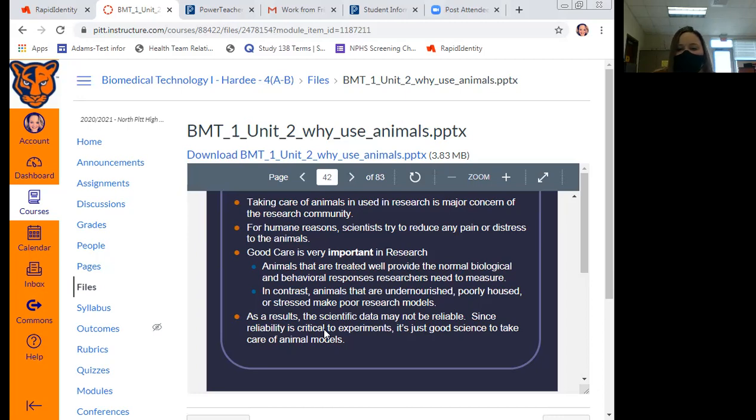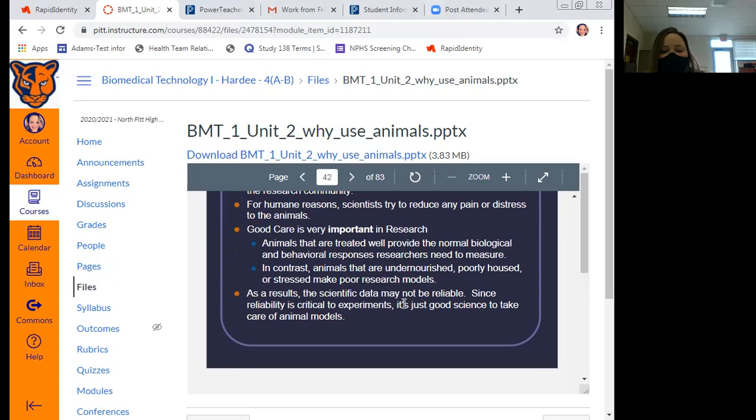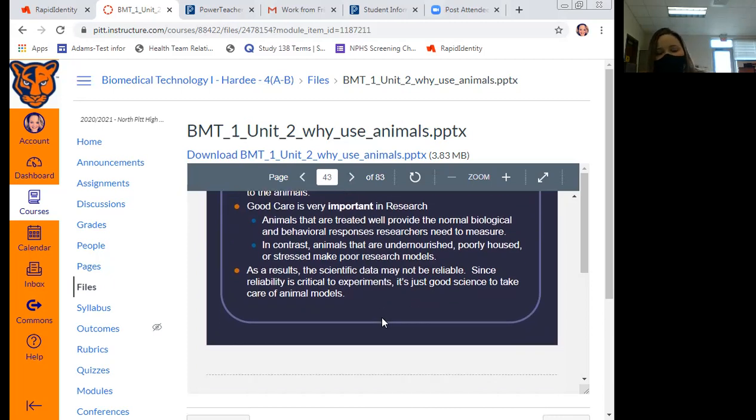For the same reason, in the first level of clinical research, you will need to test healthy volunteers. You have to have healthy animals to test on. And that's really outlined here in slide 42. So as a result, if animals are undernourished, poorly housed, or stressed, the data may not be reliable. And reliable data is, of course, how you seek FDA approval.